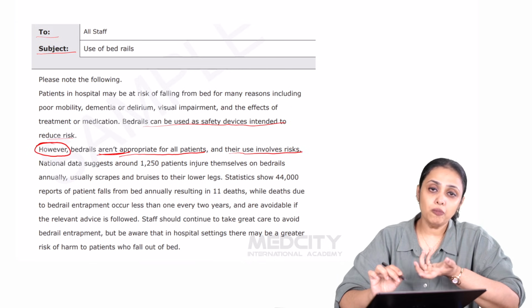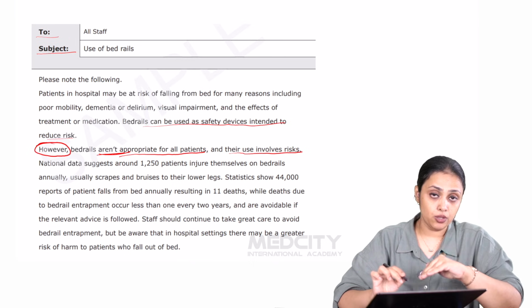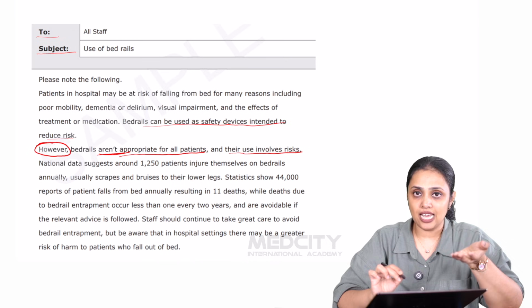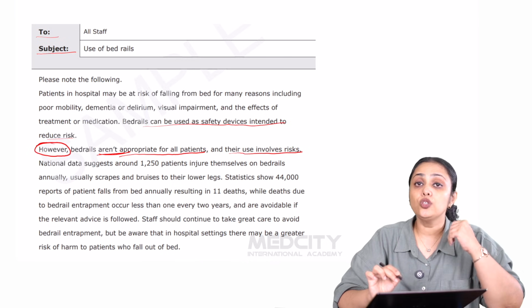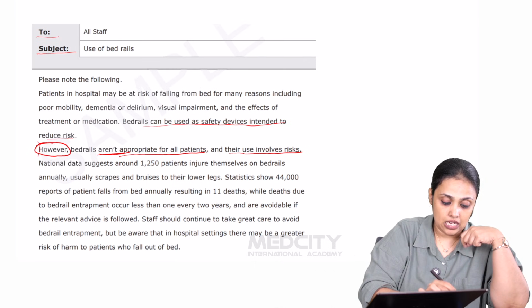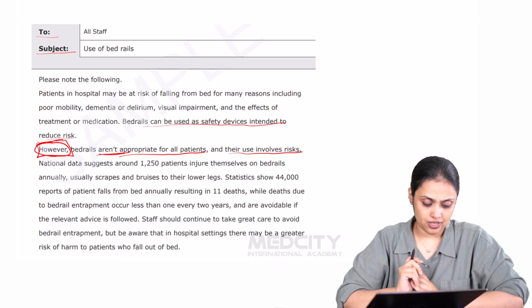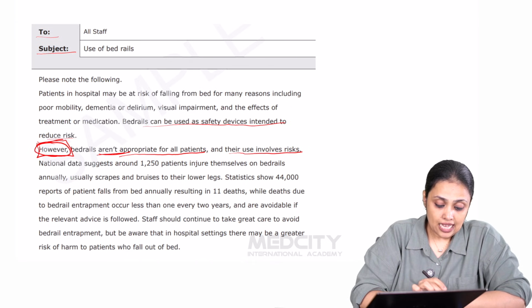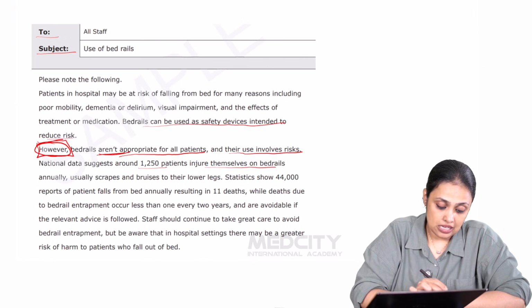So the two problems which they say here, initially they have said that it can be used as safety devices. However, the problem is that it cannot be used for all patients, and their use involves risks as well. That's why they have used this contradictory connector, however. Okay, we understand up to that much. Then what is said? National data suggests around 1,250 patients injure themselves on bed rails annually.